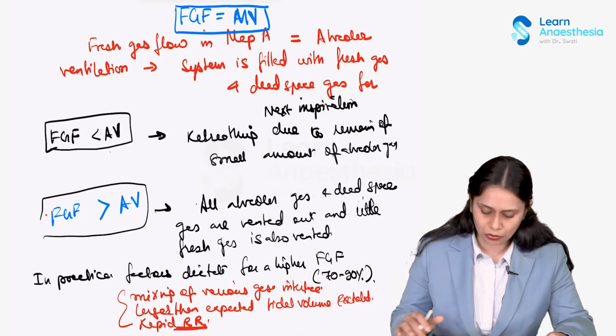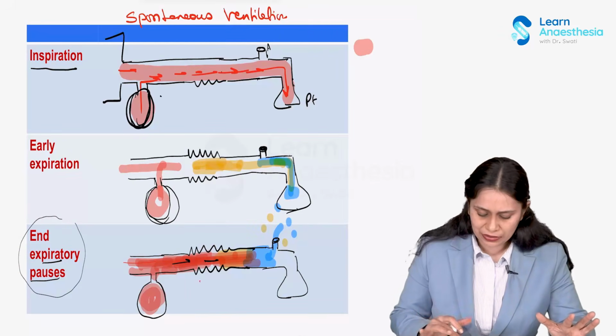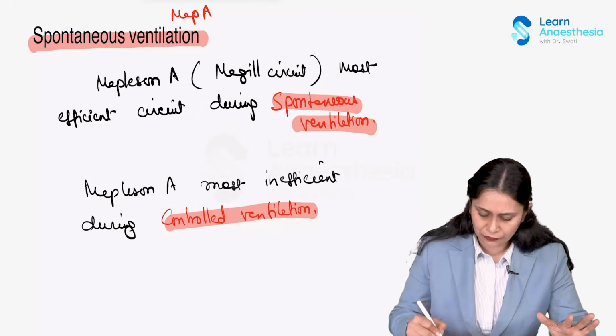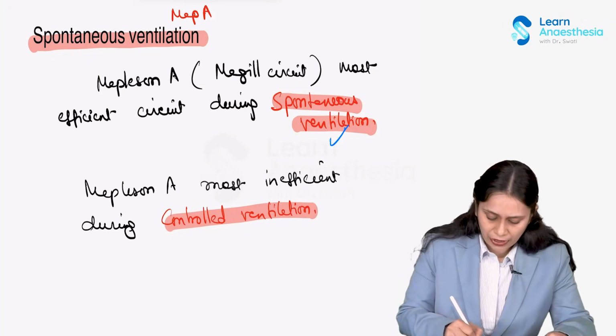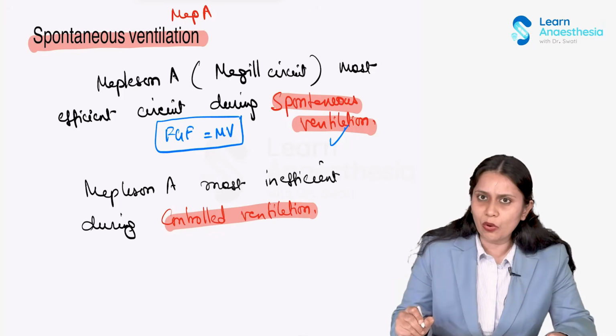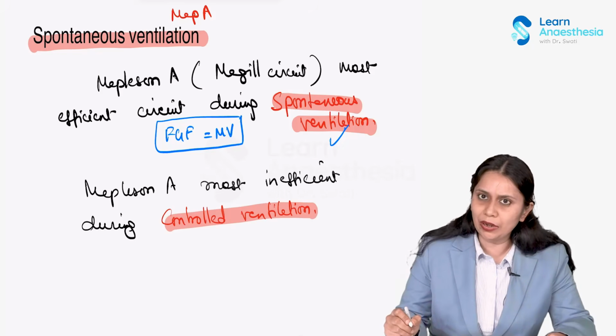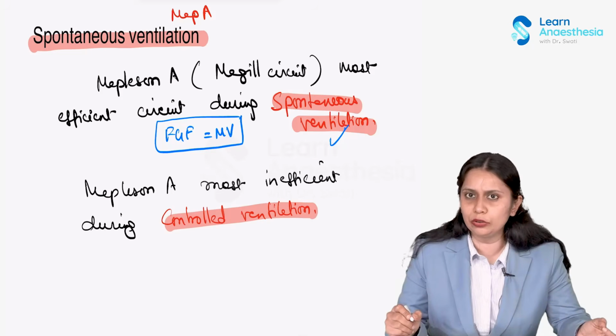Got my point? Okay, so this is the scene in spontaneous ventilation. This is the most efficient circuit for spontaneous ventilation, where we keep the fresh gas flow equal to the minute ventilation of the patient. All other circuits require fresh gas flow higher than this minute ventilation to remove the carbon dioxide. A requires the least, that is equal to minute ventilation.